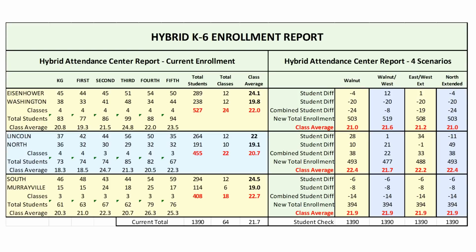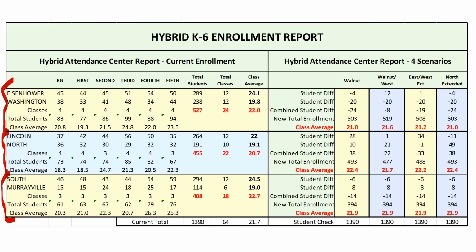In partnering Eisenhower and Washington, Lincoln and North, and South and Murrayville-Woodson, with Eisenhower and Washington averaging 4 classes per grade level, Lincoln and North averaging 4 classes per grade level, and South and Murrayville-Woodson having 3 classes per grade level because Murrayville-Woodson only has 10 classes, the scenarios we're looking at fit into this model extremely well.